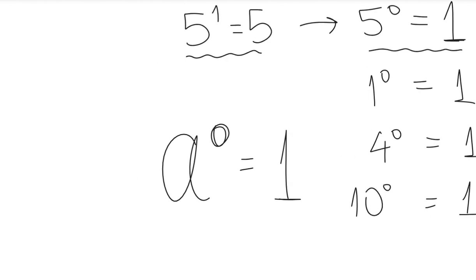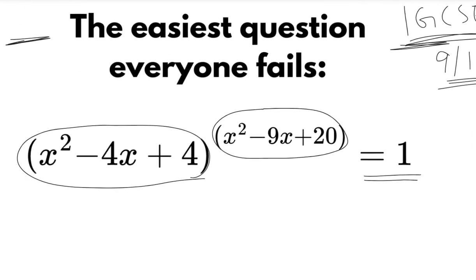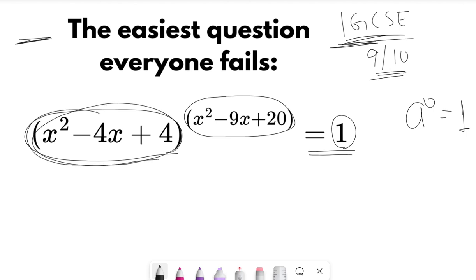How does that help us? Because we have 1 on the right side, any number raised to the power of 0 will give us 1. It means that our base, x squared minus 4x plus 4, if it's raised to the power of 0, will give us 1.